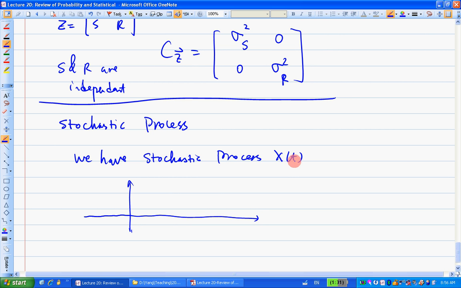You give an initial condition, so t equal to 0. Let's say you purposely use the same initial condition every time. That you can do. So you use the same initial condition for this process.